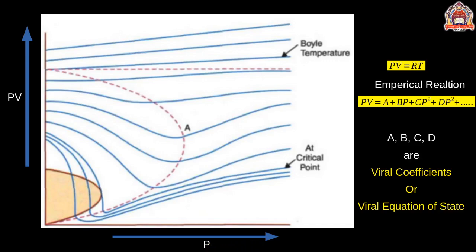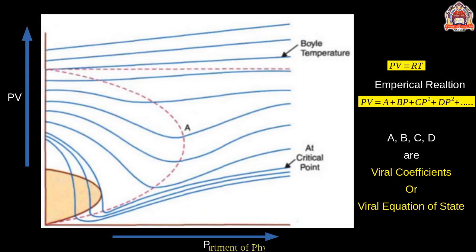At ordinary temperature, B is negative for oxygen, nitrogen, air, etc., while it is positive for hydrogen and helium. As the value of A is taken as RT, all other coefficients are smaller than this and decrease very fast with increasing order.